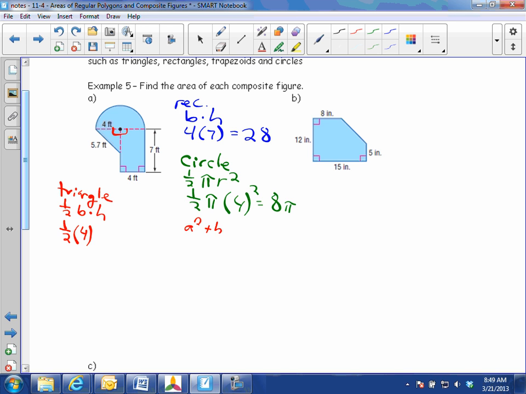A squared plus b squared is c squared. What are we going to plug in? 4 goes for a, and 5.7 goes for c. Let's see what the calculator says.